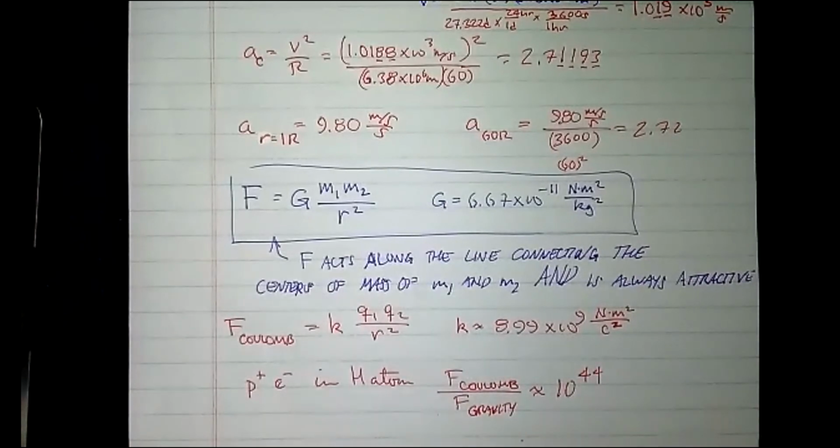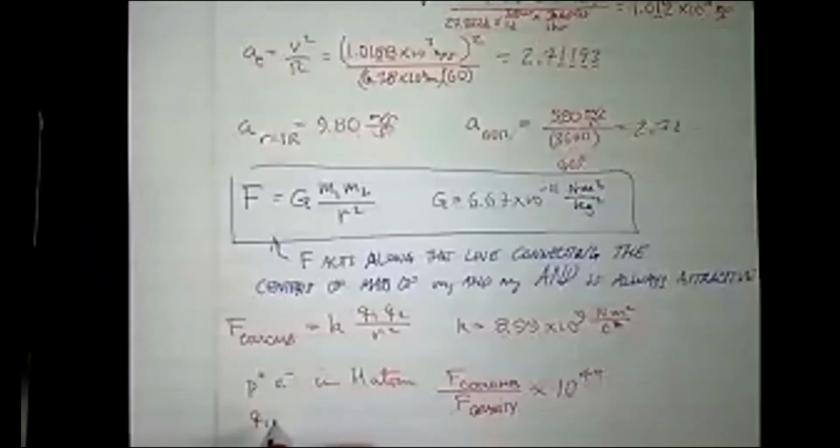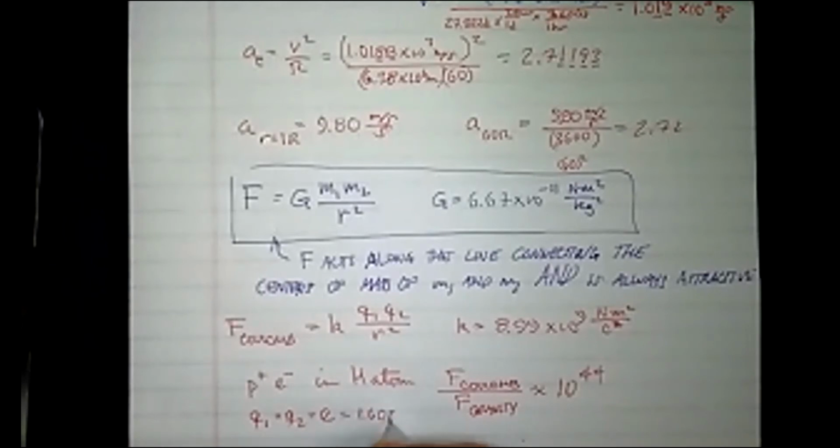That's a calculation you should try, because all you need to know is Q1 equals Q2 equals E, which is 1.602 times 10 to the negative 19th.